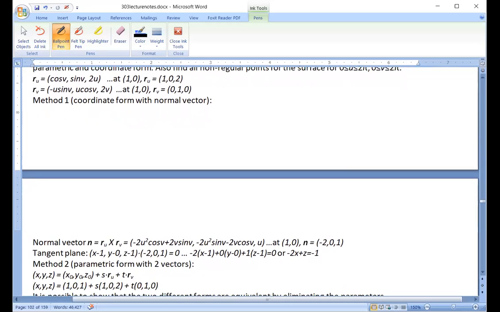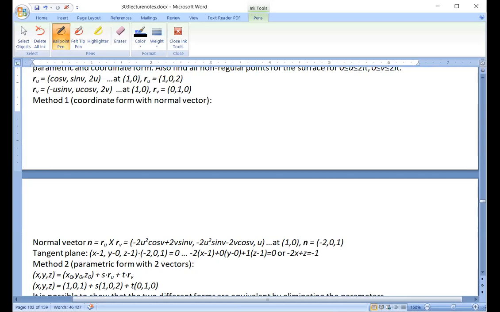Boom, boom, boom, plugged in. There you go. That one's actually pretty easy because there's no more calculations to do. Okay. So these are two different ways to write down the formula for the tangent plane.